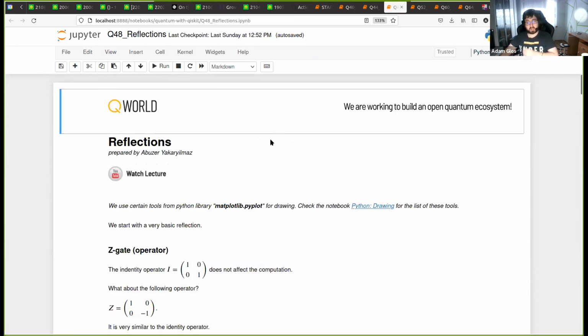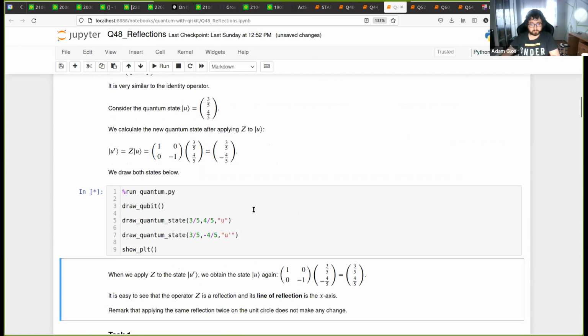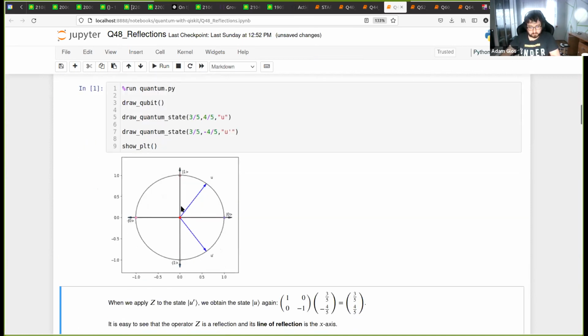There are also important gates which are reflections. A reflection is represented geometrically through a line around which the reflection is made.